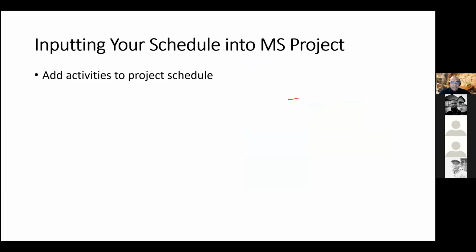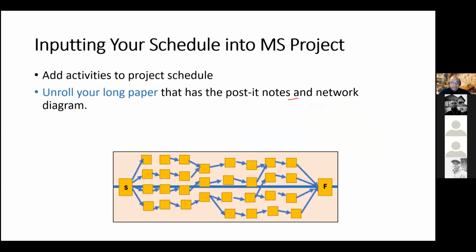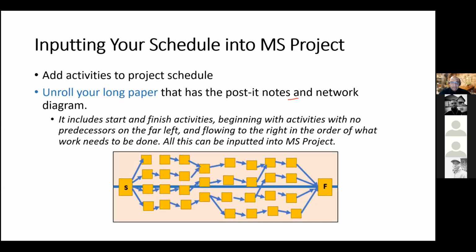So now we're going to add activities to the project schedule. Remember that big long piece of paper you used in your work breakdown structure to add all the activities? And you had everybody sign off on each activity, with post-it notes that represented each activity. So this is the paper that you've saved. Now you need to unroll this big butcher paper. And you should have something looking like this, showing you the first activities up to the last activities, moving from the left to the right.